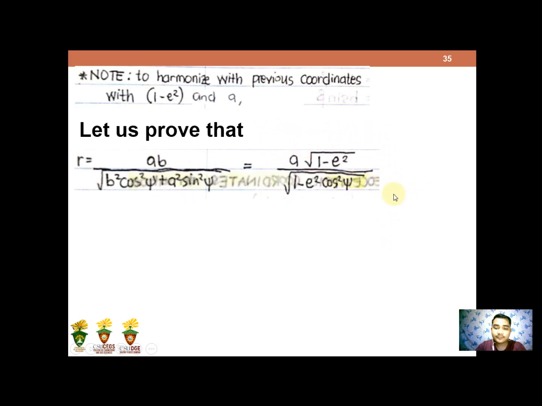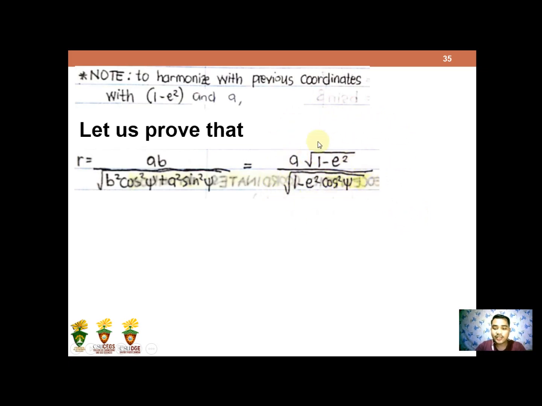So we must prove that they are the same, which is a times the square root of 1 minus e squared over the square root of 1 minus e squared cosine squared geocentric latitude.